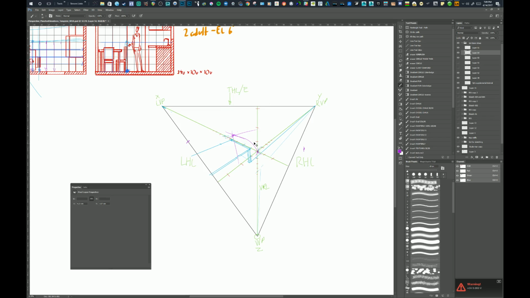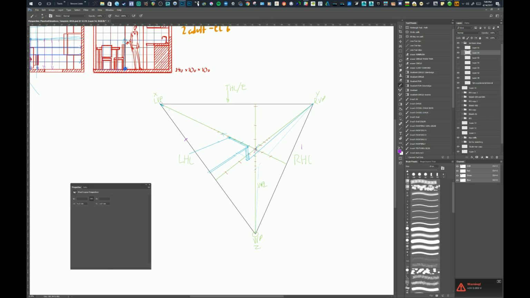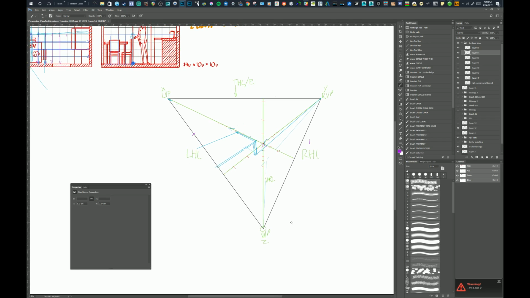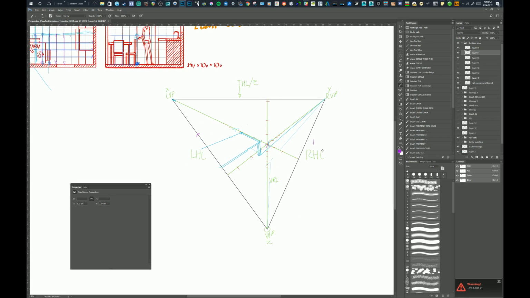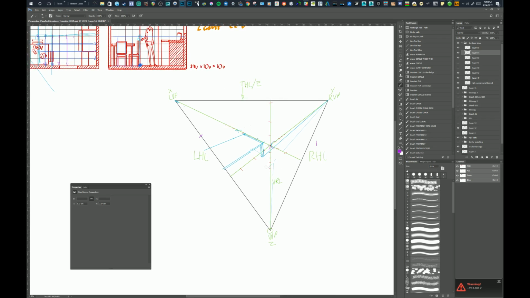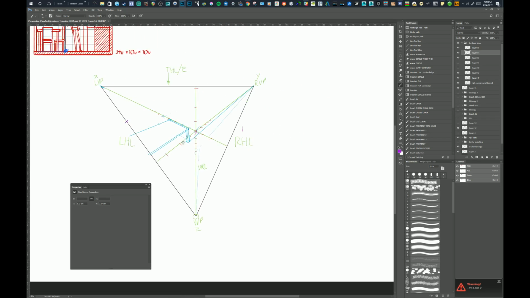So you can't move it. There's only one place where your center of vision can be, and it's predetermined based on where your left, right, and vertical vanishing points lie. Right? So if you want to move your center of vision, you got to move your vertical vanishing point, your left and right vanishing point until you get it where you want it. And that's just how it works.